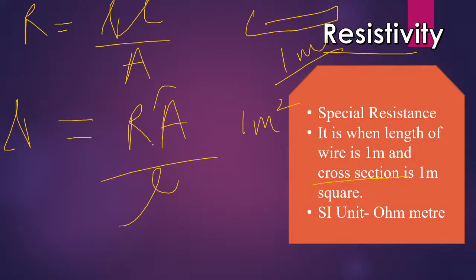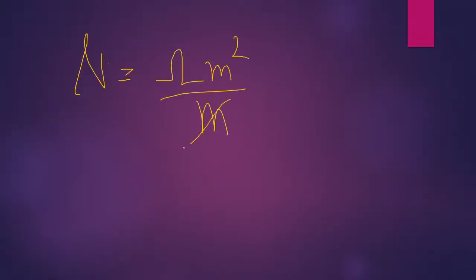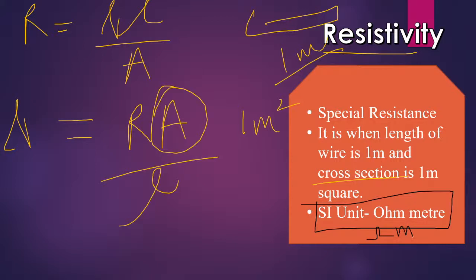The SI unit of resistance is ohm, the SI unit of area is meter square, and the SI unit of length is meter. So meter cancels out, and rho will be ohm meter. So the SI unit is ohm meter. Please remember, ohm meter.